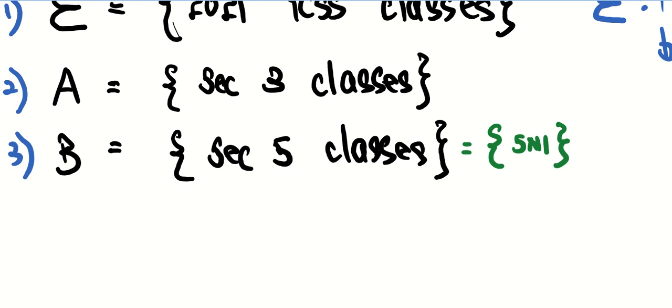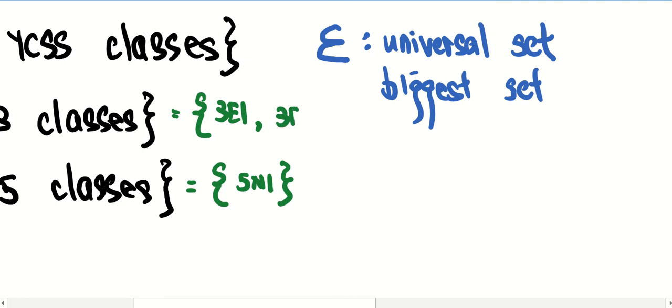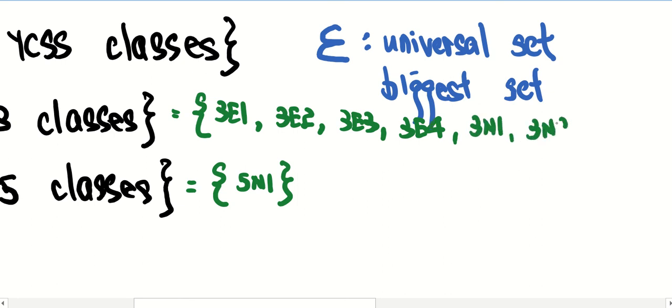Okay, but how about the Sec 3 classes last year? How many elements are there? Nosham, can you remember who are the elements inside Sec 3 classes? Okay, 3E1, comma, 3E2, comma, 3E3, 3 and 1, 3 and 2, 3T1.